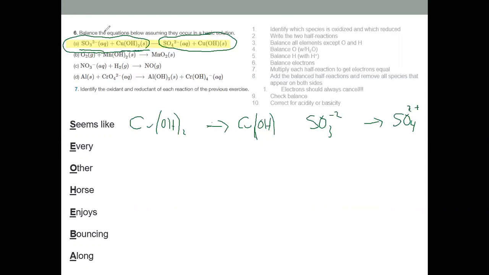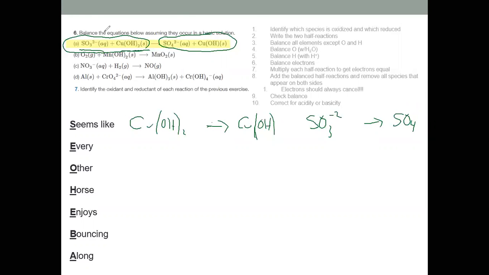So I am sure that's going to be reduced. That's going to take electrons. All right. And then similarly, we know the SO3 2-, the sulfur, in fact, is being oxidized, is it not? Because it has the same charge. That should be a 2. By the way, I made a little error there.